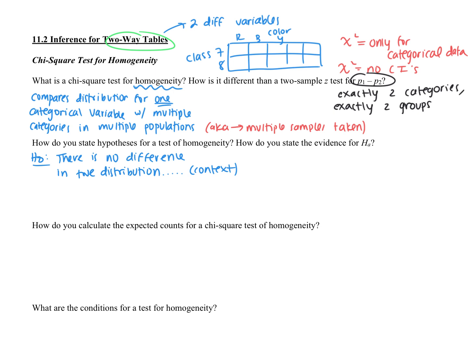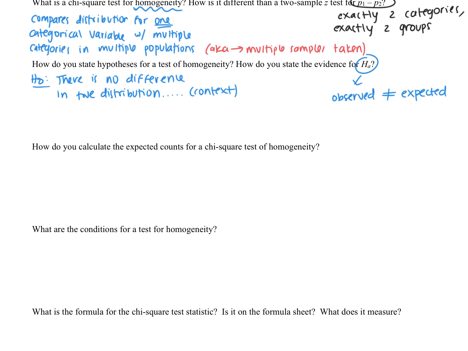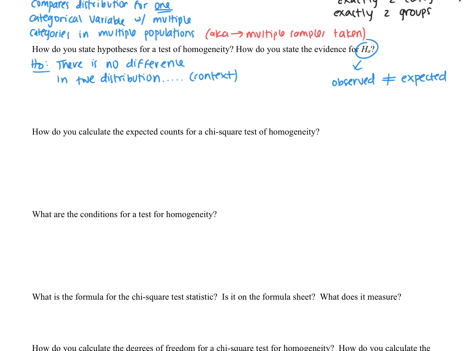How do we know if there's evidence for HA? The same way that we did before. What we observed is not the same as what we expected. Okay, so let's talk about how we calculate the expected values.